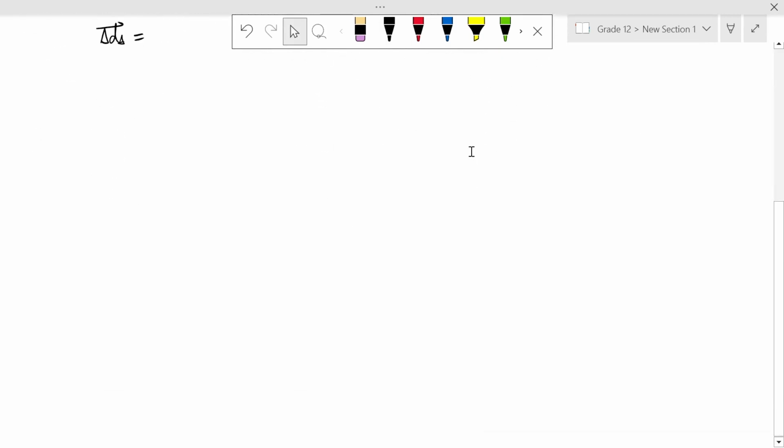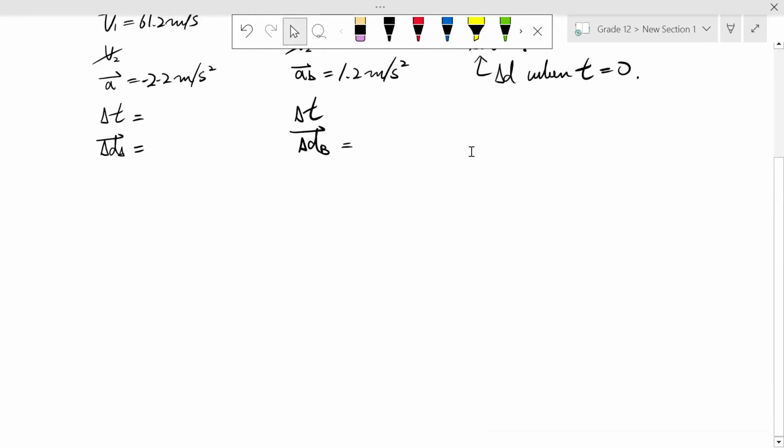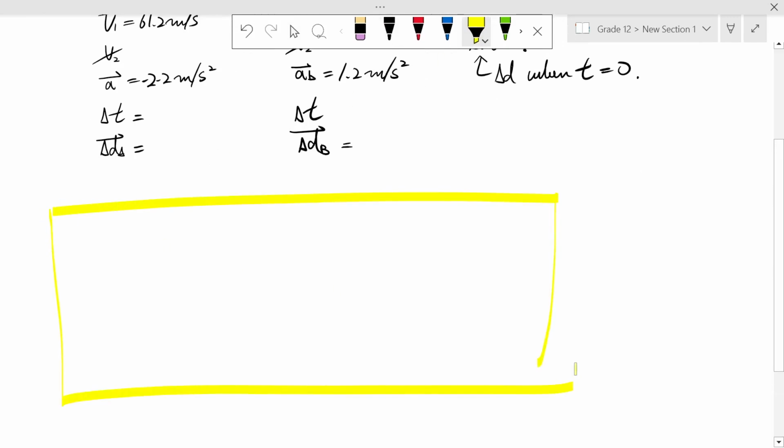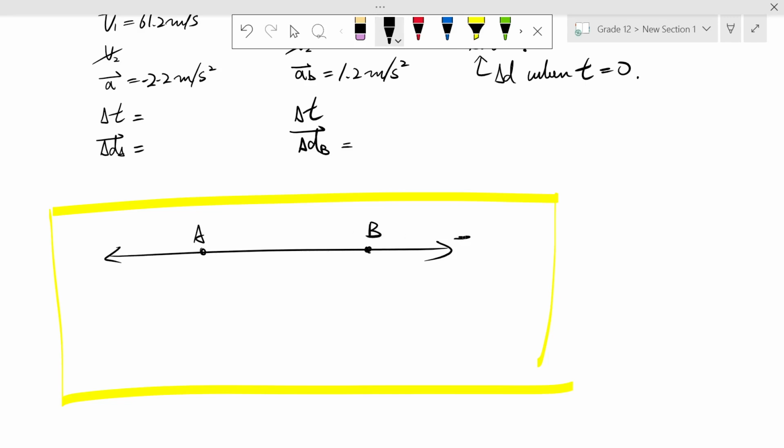So now I'll help you a bit by giving you some visual on how this problem should be solved. This represents distance. I have this train over here, this train over here. That's train A, train B, forward, backwards. Now, the distance between here, that's delta d0. It's the distance I'm trying to find.